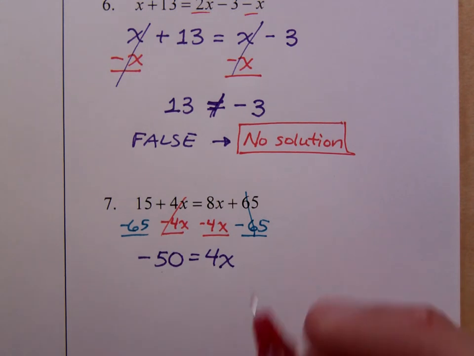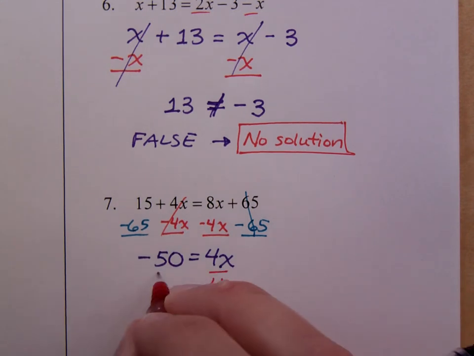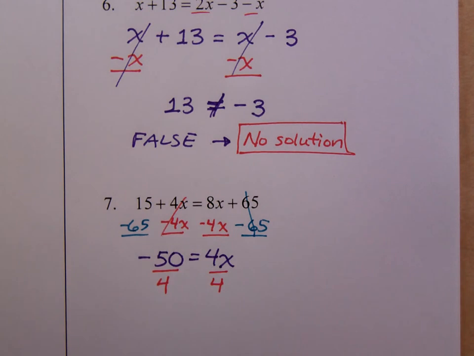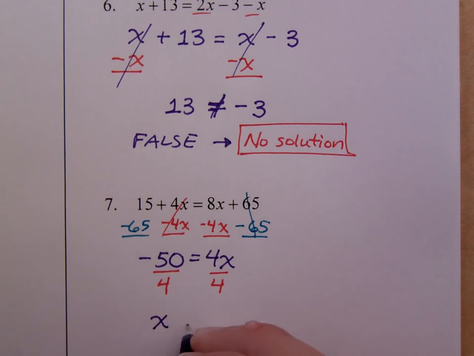So now when I finish solving for x, divide both sides by 4. Now 4 does not go into 50 evenly, but I don't think I really care. I prefer to have improper fractions as opposed to mixed numbers or decimals as an answer. So I can reduce this by a common factor of 2, and I end up with negative 25 halves.